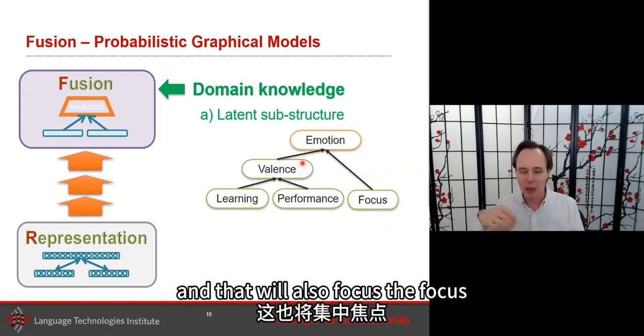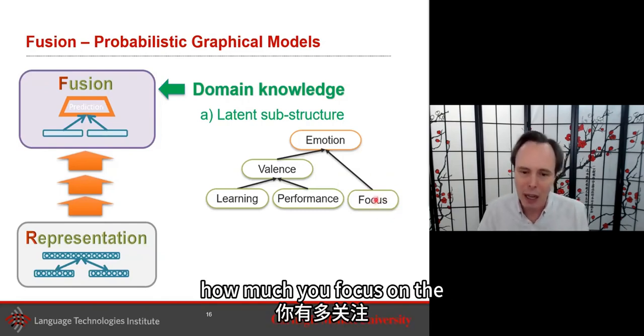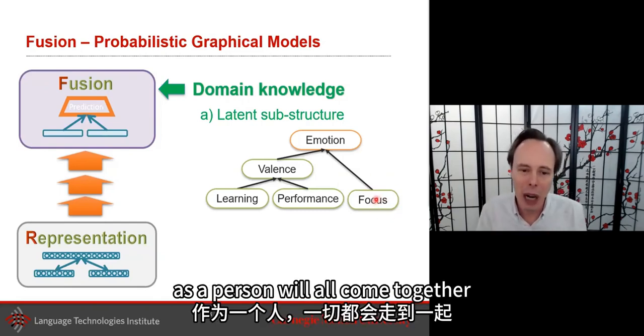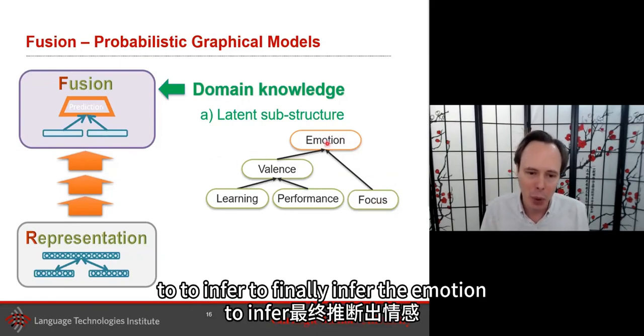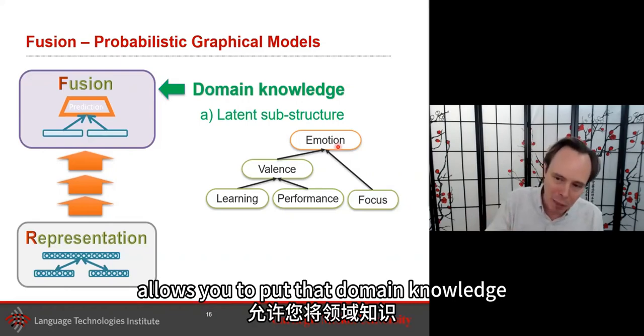That also affects how much you focus as a person, and it all comes together to finally infer the emotion. And your graphical model allows you to put in that domain knowledge.